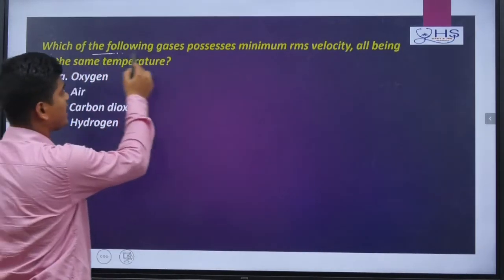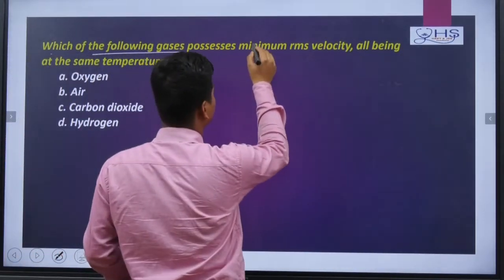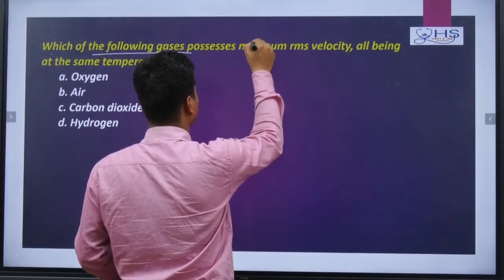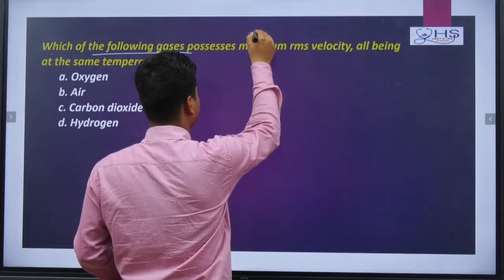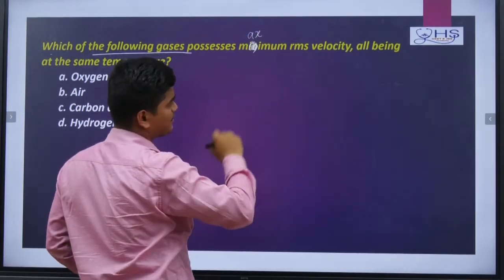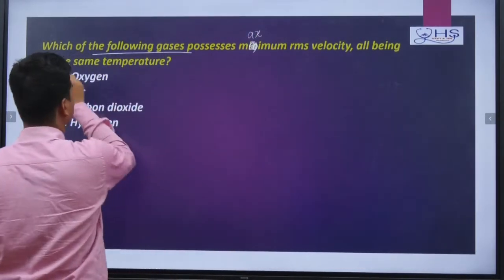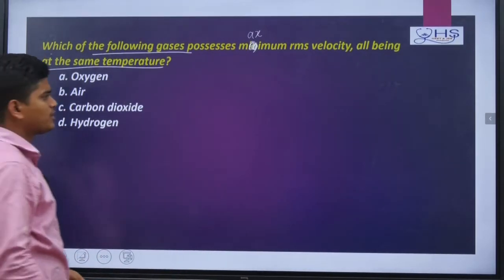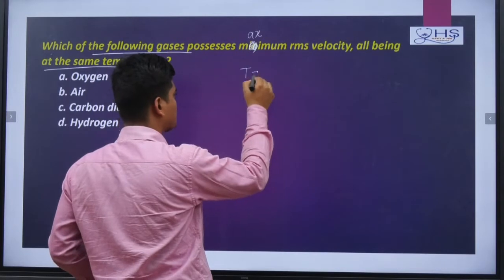Which of the following gases has the maximum RMS velocity, all being at the same temperature? Remember it is maximum, not minimum. Now here some gases are given. They are asking what? T is constant.